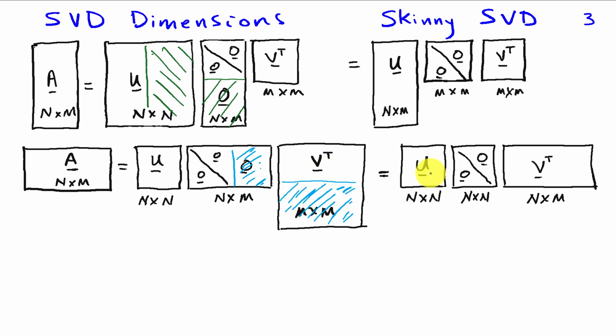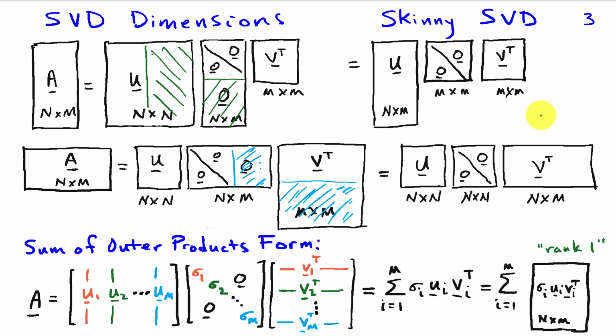So I can write this as U, an n by n matrix, times a square diagonal matrix, which is n by n, times a matrix V transpose, which has the same dimension as A. In other words, I've discarded all the bottom rows of V transpose that I had over here on the right. I've chosen not to use separate notation for these two cases right now because the context will generally indicate whether we're working with the full SVD or the skinny SVD. Most of the time we're going to be working with the skinny SVD.